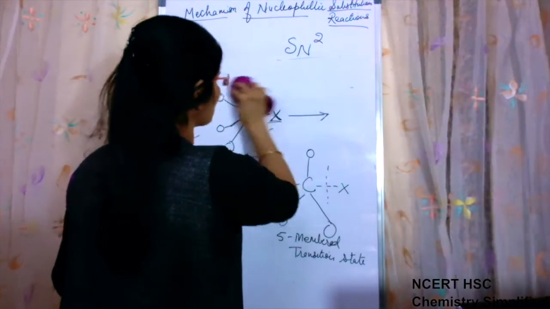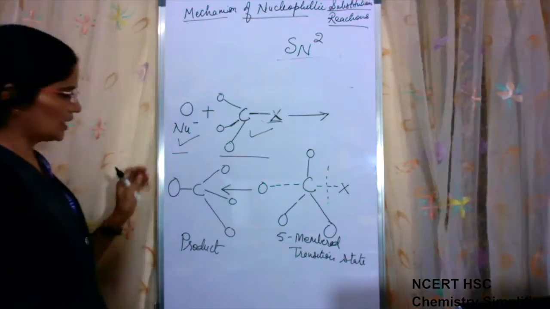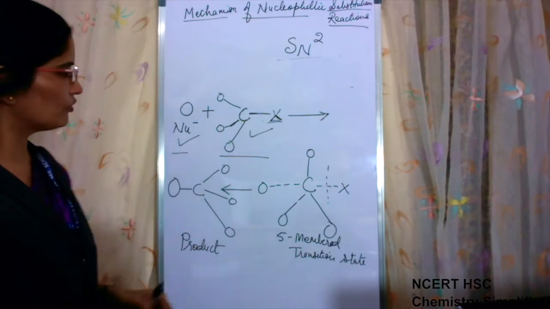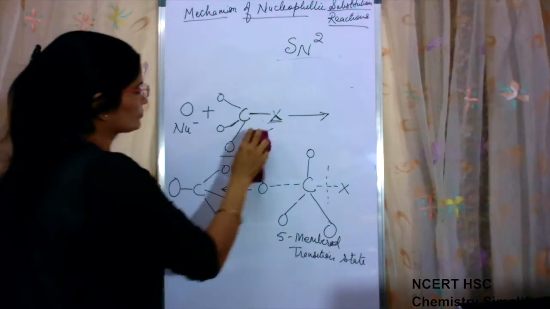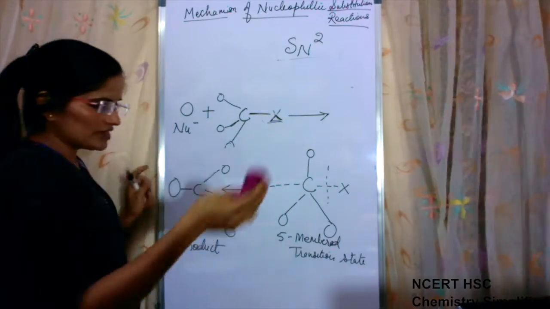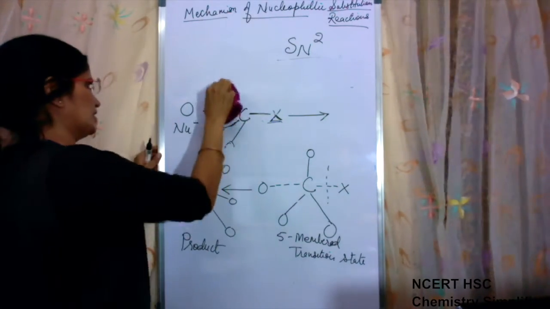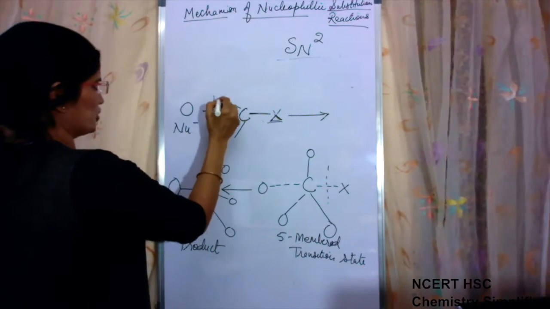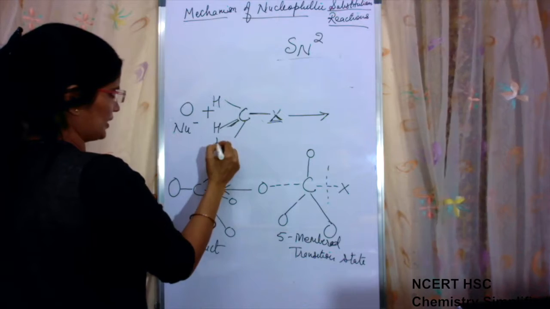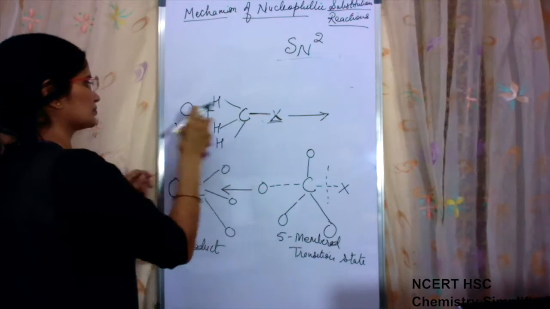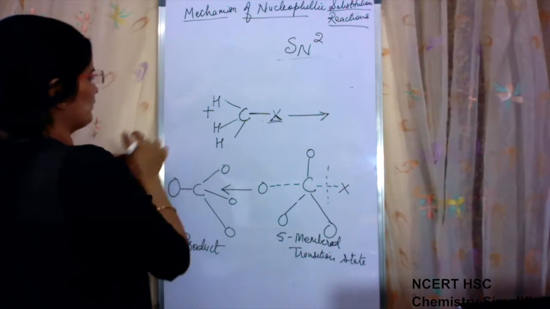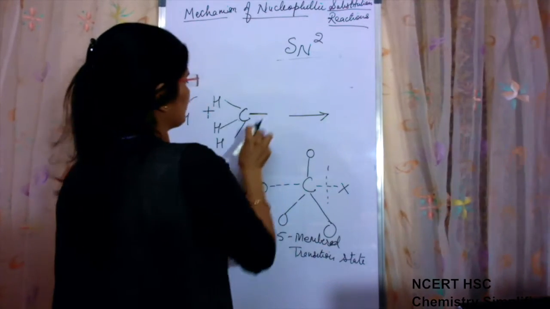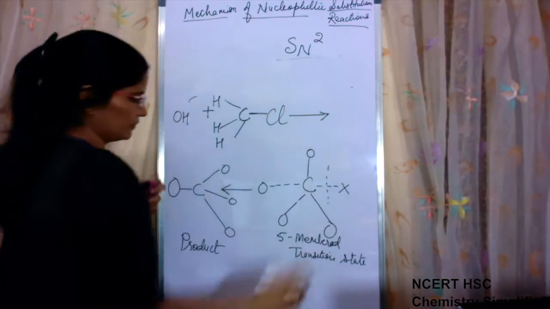Now, because it is the SN2 mechanism and the nucleophile always attacks from the backside of the molecule, now we specify it. Instead of these circles, I am going to write here H, H and H. Any nucleophile we can take, OH negative, and the halogen we specify, let it be Cl.